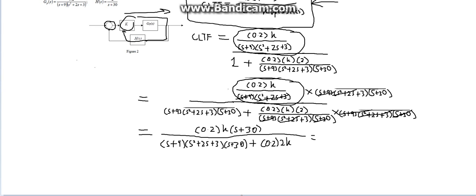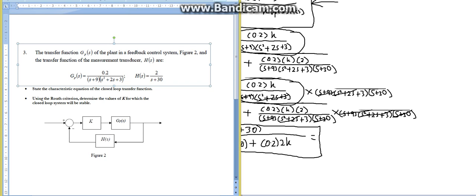So this is the basic form of our closed loop transfer function, and that answers our initial part of part A. But we haven't actually completed part A yet because we have to find the characteristic equation of our closed loop transfer function. So we get back to the question. It's asking for the characteristic equation of the closed loop transfer function.